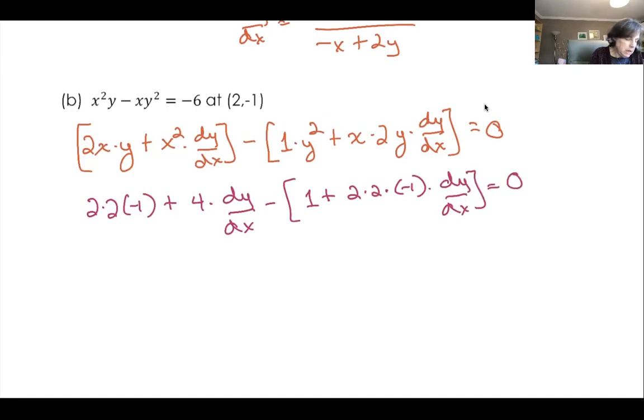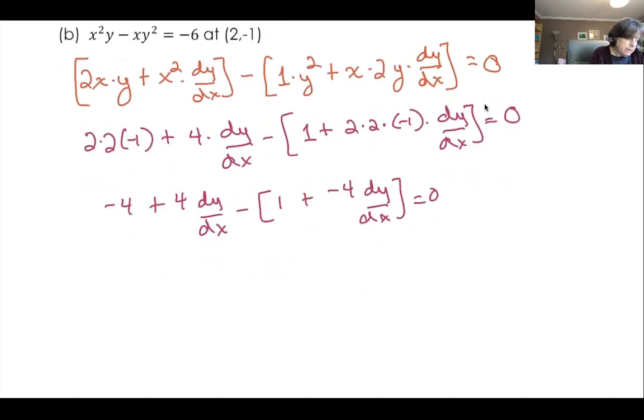Okay, so this gives me -4 plus 4 dy/dx minus, let's see, so this would be -4 plus 1, so that'd be -3. Oh, can't add those together. It's 1 minus 4 dy/dx. Okay, so the -4 and the -1 makes -5, and I'm going to take that to the other side.